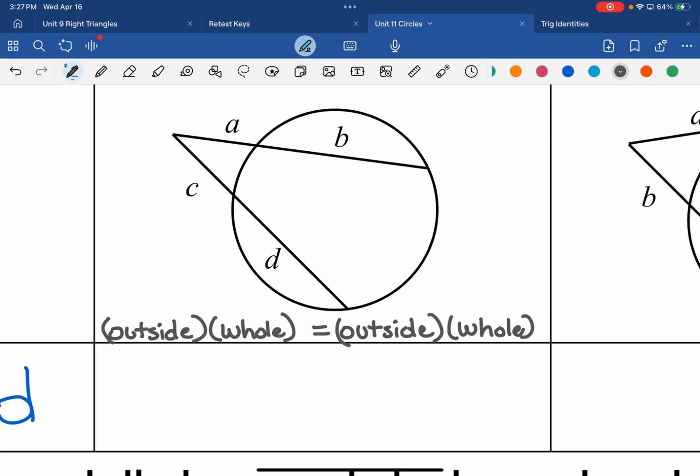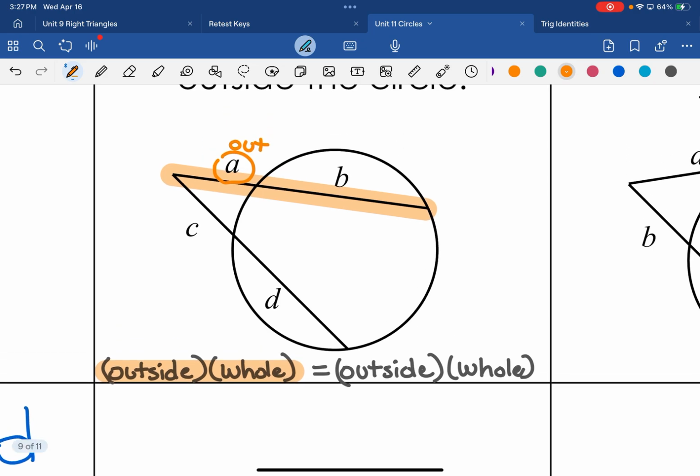So let's go to our first secant, okay? So if I was going to look at my top secant right here, what is the outside piece of my secant? A. That right there is the outside piece. What is my whole secant?